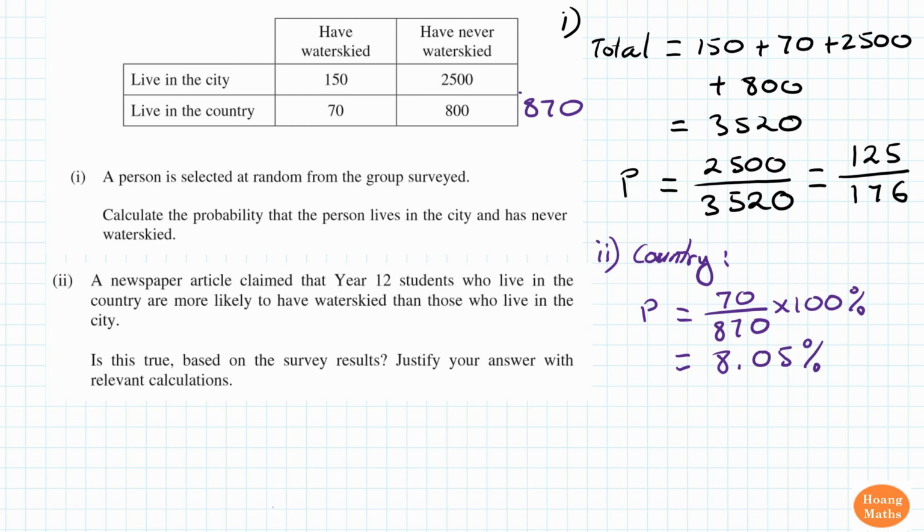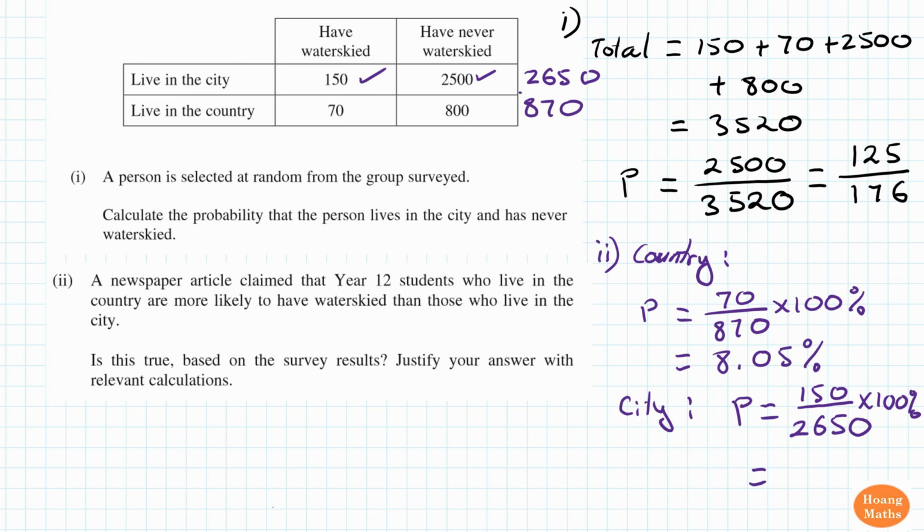And for the city, so the probability is equal to, if I add these two together, that gives me 2,650. P is equal to 150 over 2,650 times by 100%.